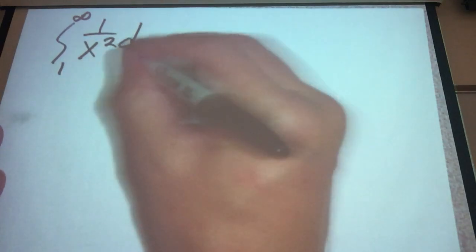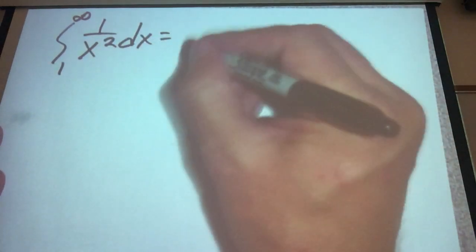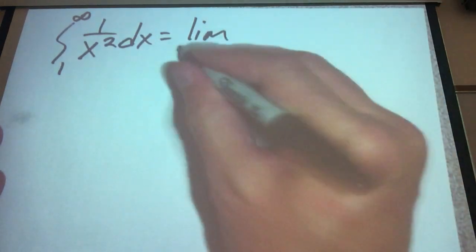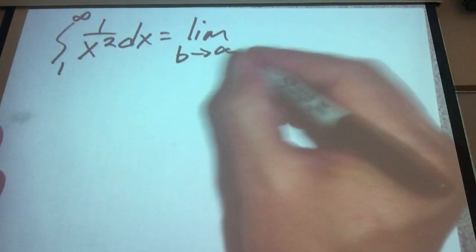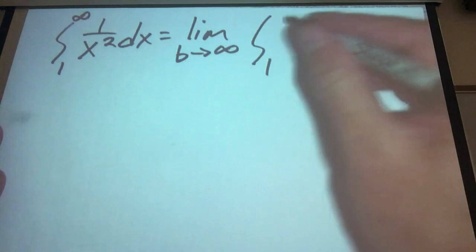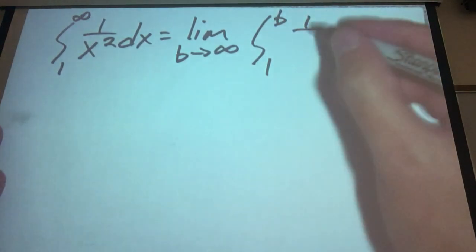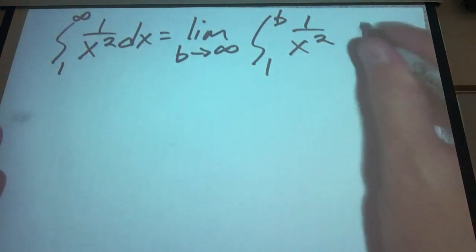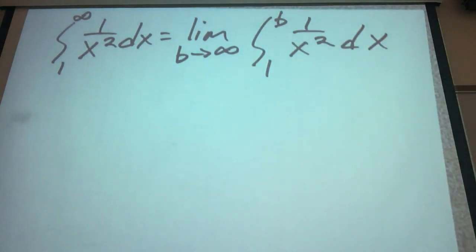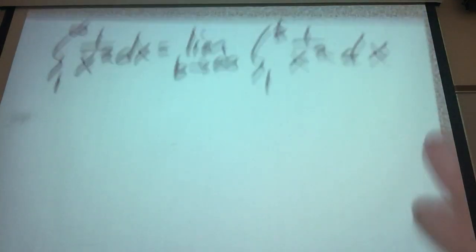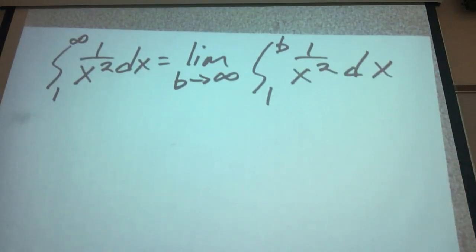So let's try the integral from 1 to infinity of, let's say, 1 divided by x squared, an integration with respect to x. And so that will equal the limit, now as b tends towards infinity, of the integral from 1 to b of 1 divided by x squared, and we are going to do this integral with respect to x.